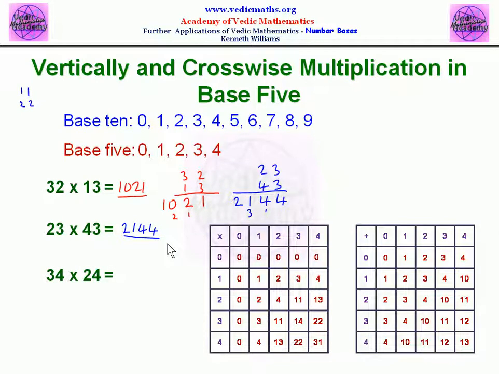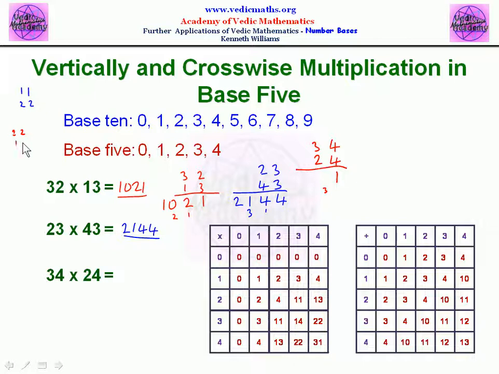34 times 24. I begin with 4 times 4 on the right, which is 31. Put down 1, carry 3. Crosswise, I get 3 times 4, which is 22. To write it over here, 22. 3 times 4, and now 4 times 2, which is 13.